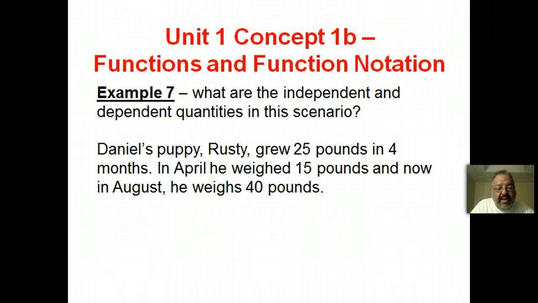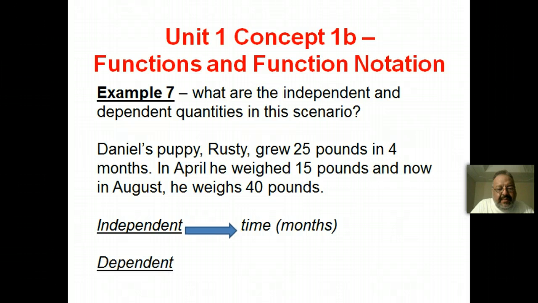Those are the two things. Now, does the weight depend on the months or do the months depend on the weight? The weight depends on the months. So the weight is dependent, the month is independent, the time. So the independent variable is going to be time in months, and the dependent quantity is going to be the weight in pounds of the puppy.